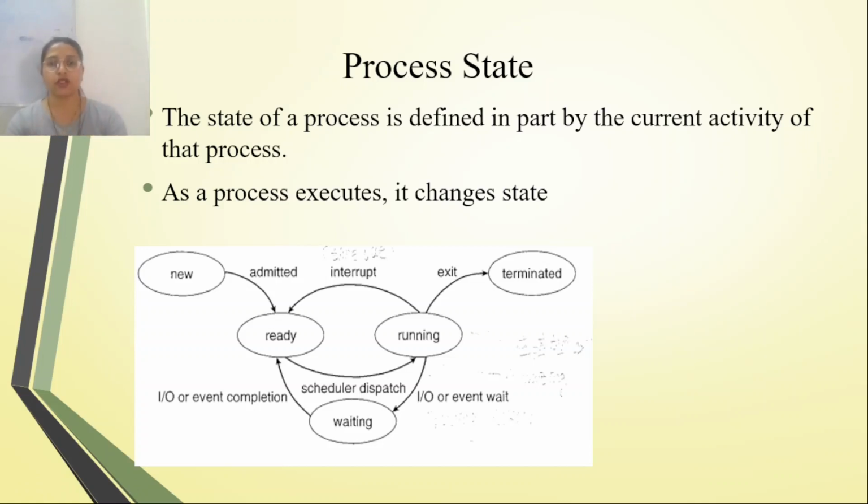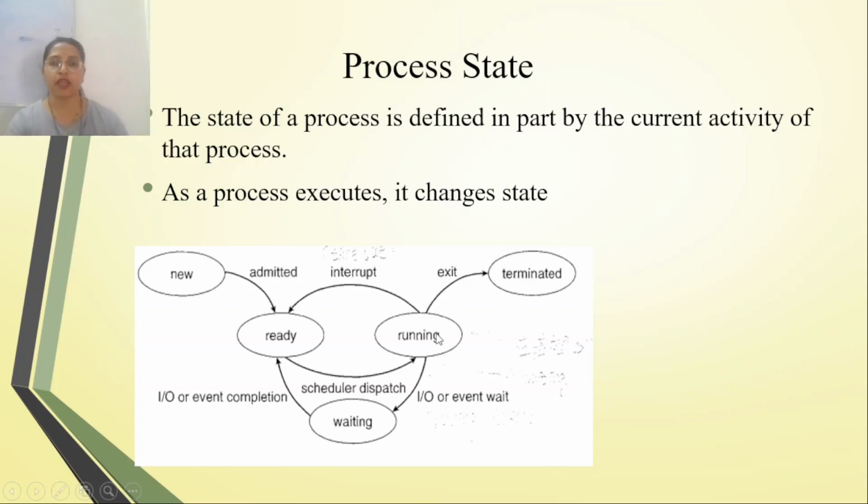IO operation is much slower than the processing of the processor. In such a case, the processor is not going to sit idle. It will switch to another process, and the process which was executing moves to the waiting stage. It will switch to another process and that process will execute.